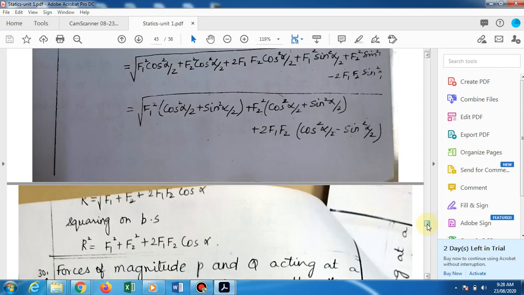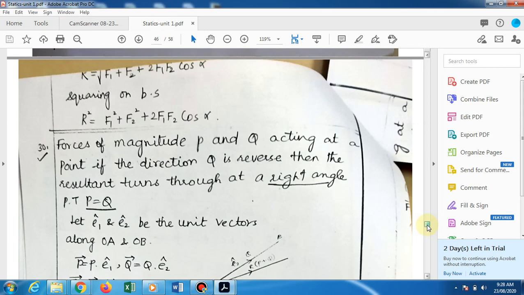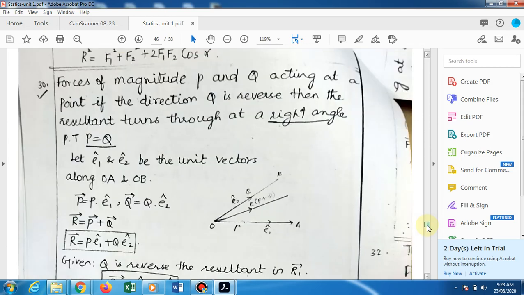Squaring on both sides you will get that value. That's all, ma. Every problem is the same like this, nothing to worry, it is very easy.